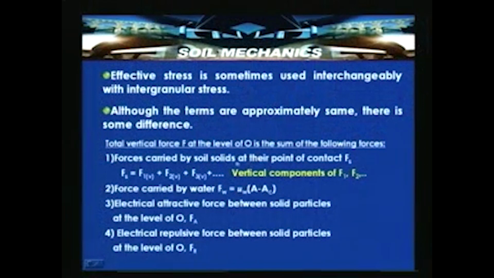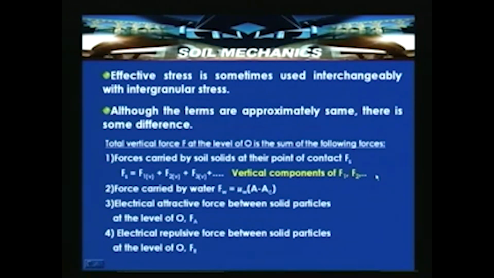So, if you see here, the forces carried by soil solids at their points of contact, say if I call that force F solids, F solids is equal to F1V plus F2V plus F3V, and so on. So, this F1V, F2V or F3V are the vertical components of F1, F2 and F3.